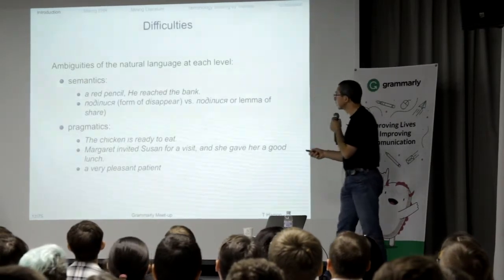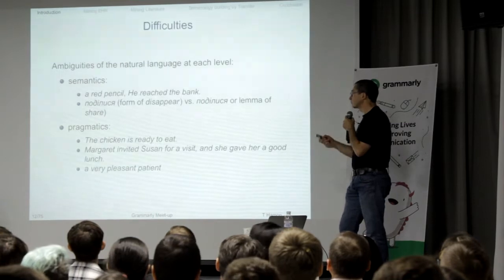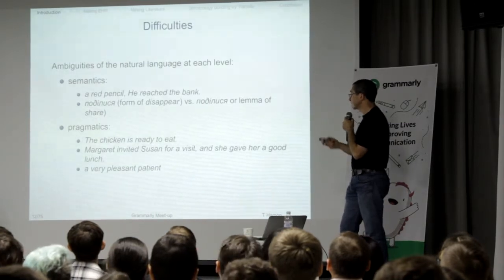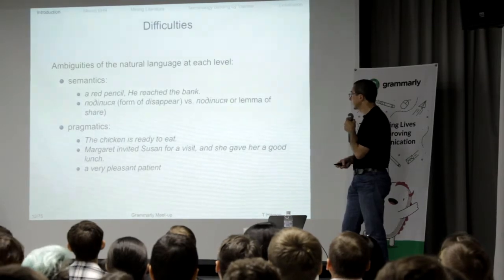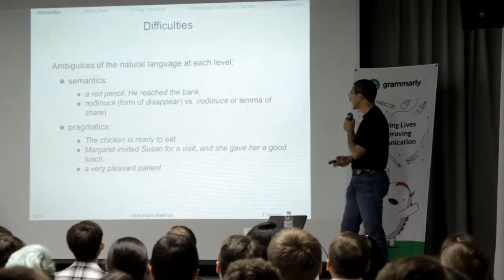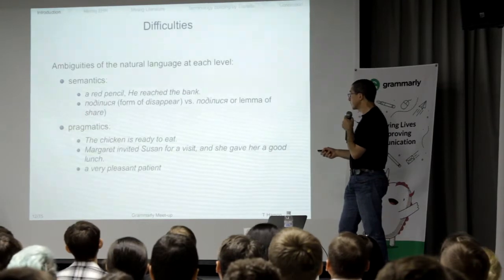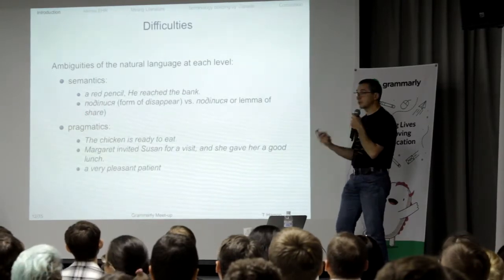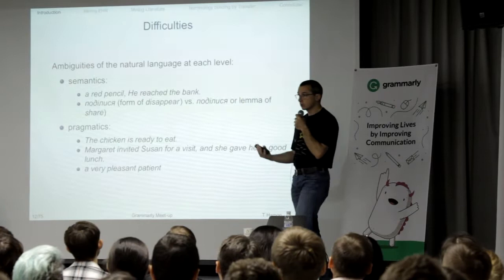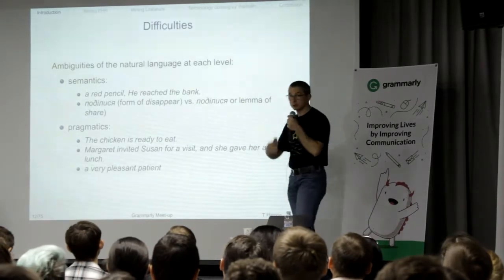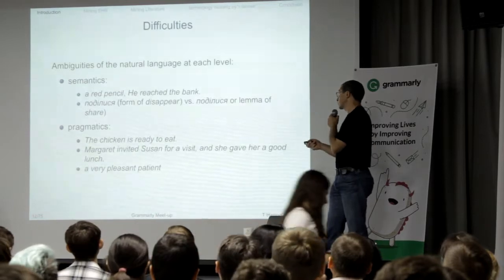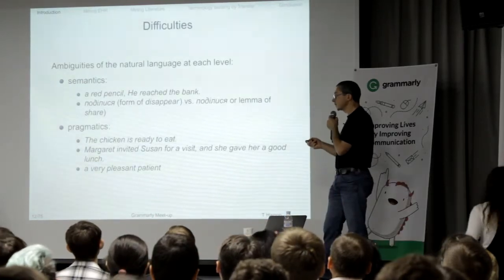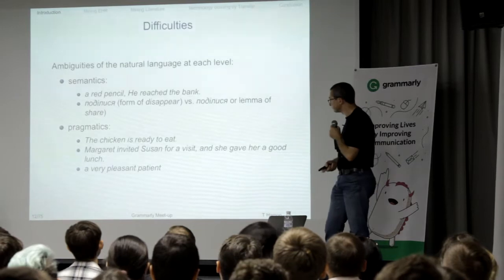And there is also what you cannot see in the text, the position of the stress, that can lead to semantic ambiguity. And also at the pragmatic level, which means that you need a lot of contextual information, or sometimes the previous sentence, to identify whether the chicken will be eaten or will eat.